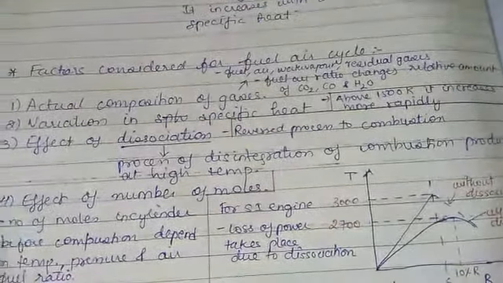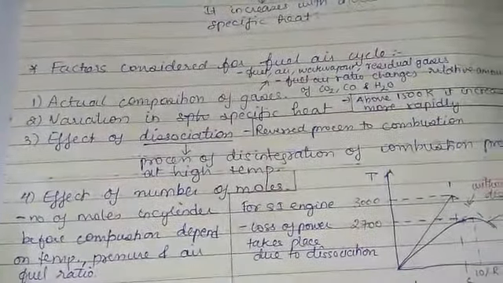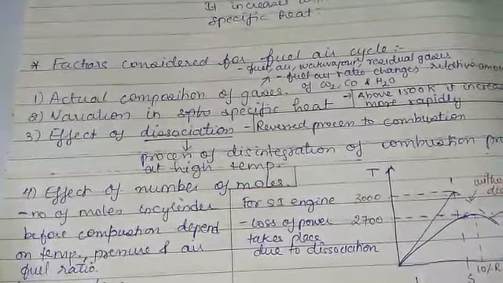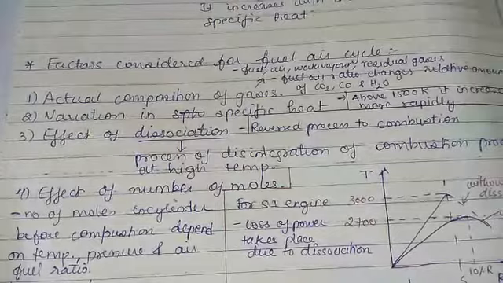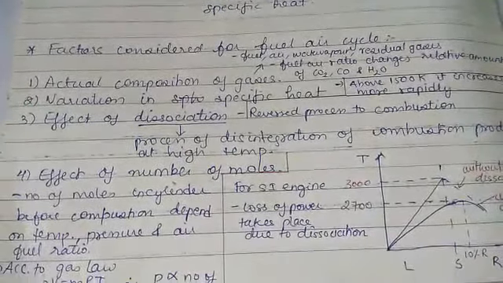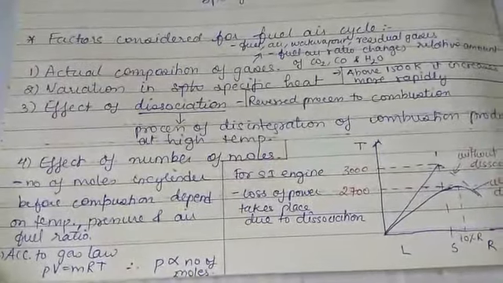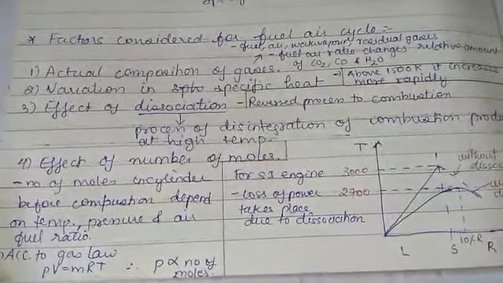Now the next factor is effect of number of moles. The number of moles in the cylinder before combustion depends on temperature, pressure and the air fuel ratio. As we know, according to the gas law, PV = mRT, pressure is directly proportional to the number of moles.